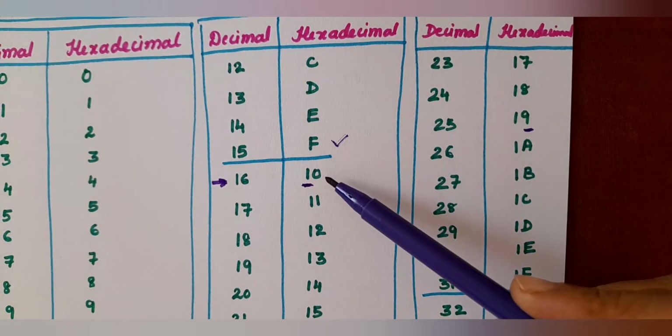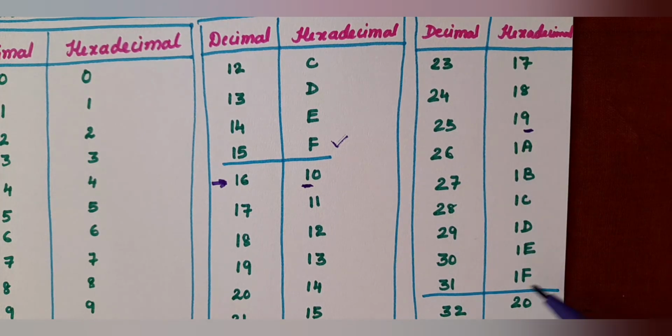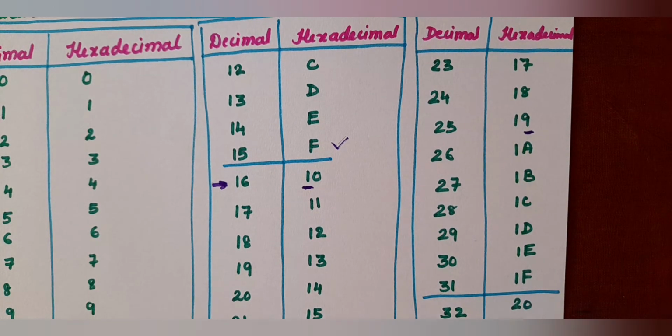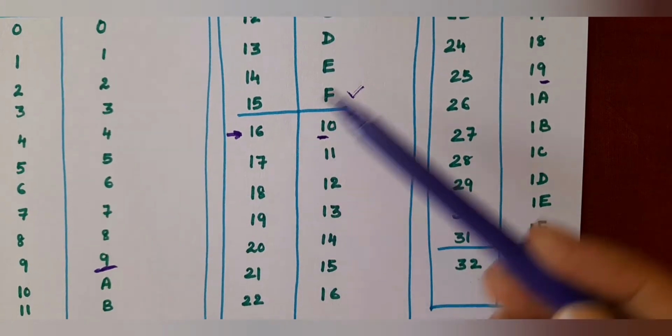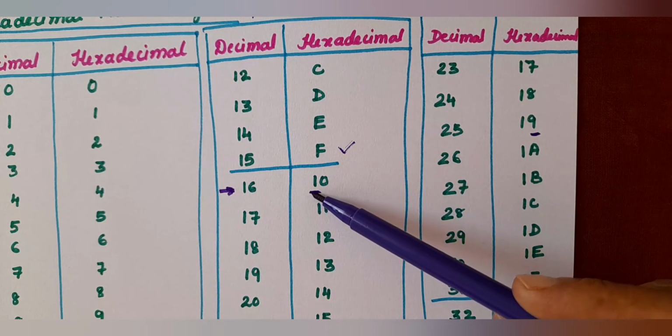So, you have to take the numbers 0 to 9 and then A to F with the series of 1, like this. First you will write 0 to 9 and then A, B, C, D, E, F, and for the new series you will take the series number as 2.